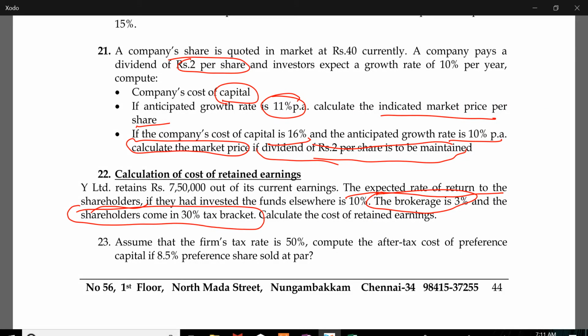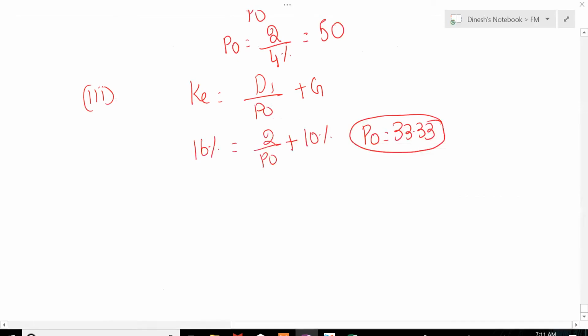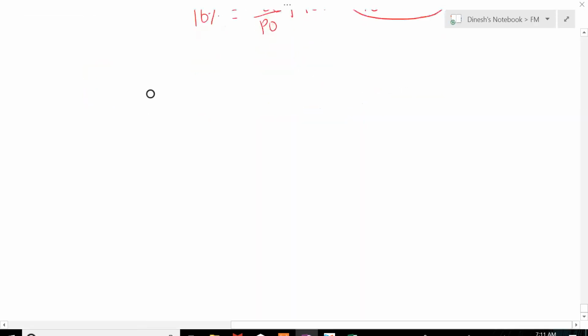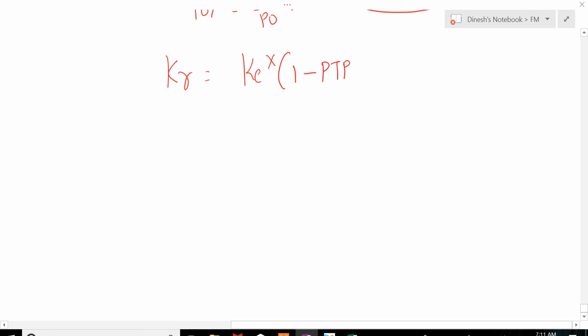Now write KR equal to KE into 1 minus personal tax rate into 1 minus flotation cost percentage.